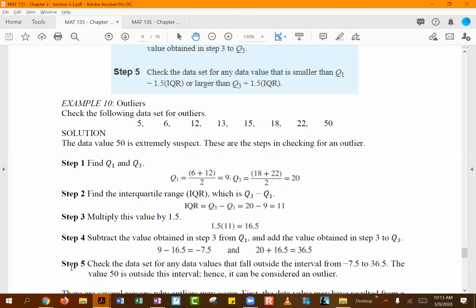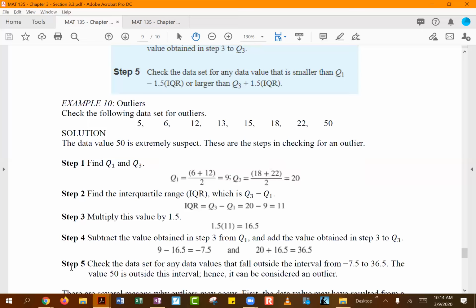Now the idea is to subtract the 16.5 from quartile 1 and add the 16.5 to quartile 3. When I subtract, I get negative 7.5, and of course there's no number smaller than negative 7.5, right? So we definitely don't have an outlier on the smaller side. But when I add 20 and 16.5, that gives me 36.5.